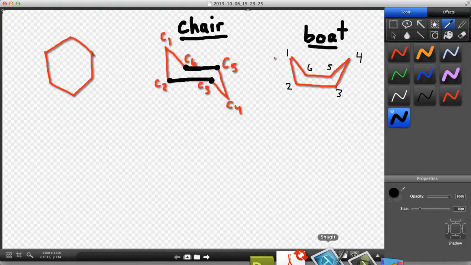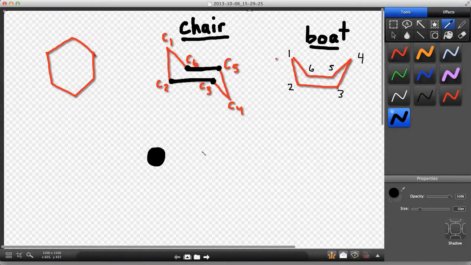So now I'd like to draw that conformation for you. First I'm going to draw the C6-C5, and I'm actually going to fill them in. And then I want to draw the C2-C3, also filling it in.